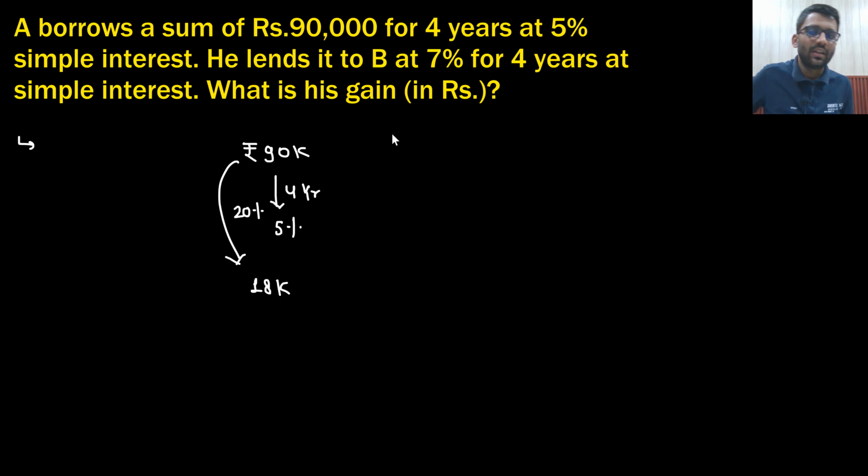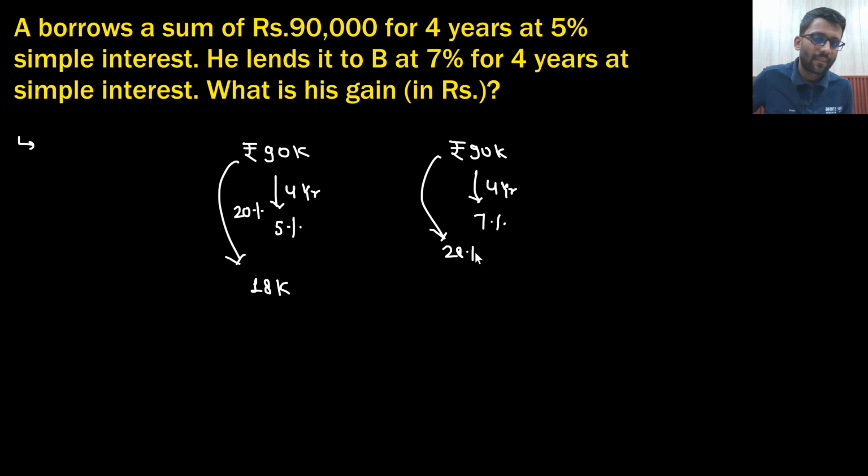Now what he is doing? He is giving the same amount of money, 90k, to B at 7% for 4 years. That means he will take 28% from him. So he will get 28% of 90k. What that is? 90 into 28, that is 25.2k rupees.